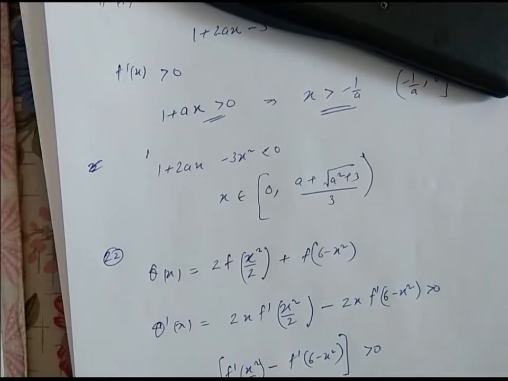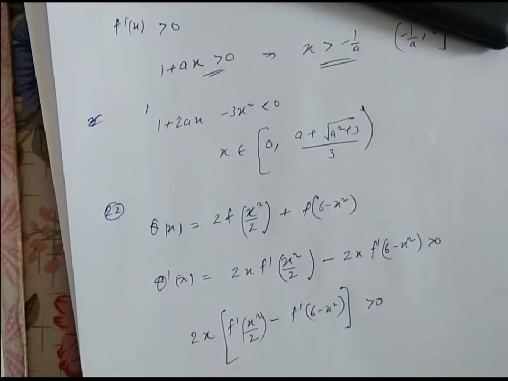Okay. So let's calculate. We already know that in the question f double dash is greater than 0. Okay. So if f double dash is greater than 0, then fx is increasing.